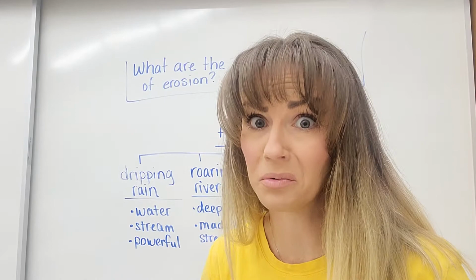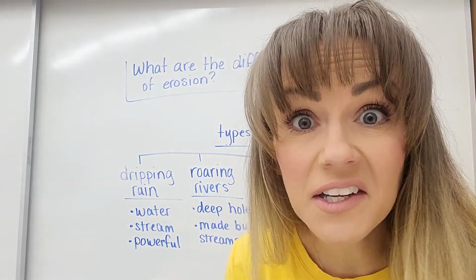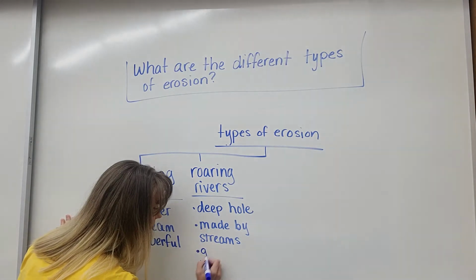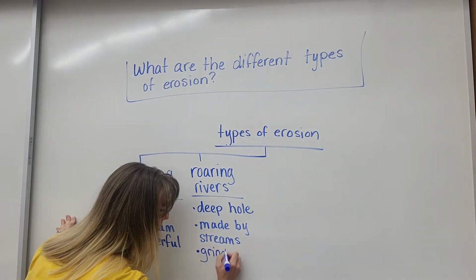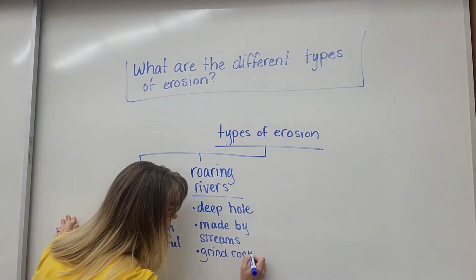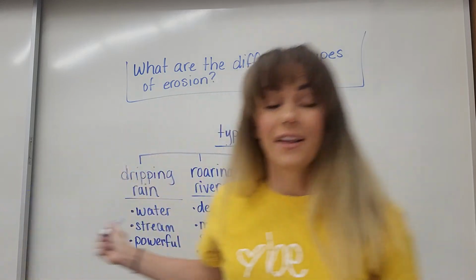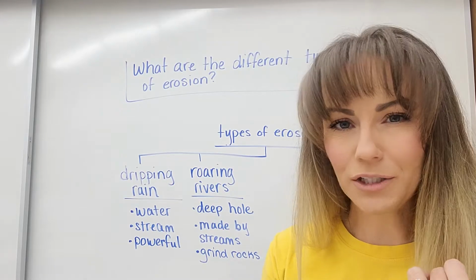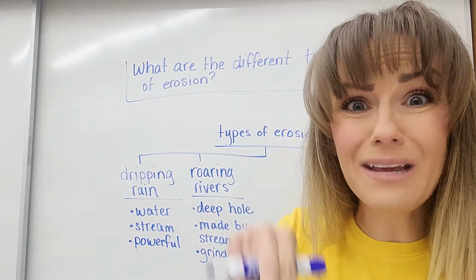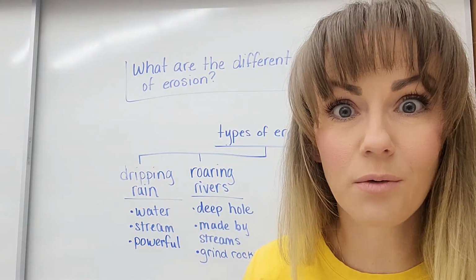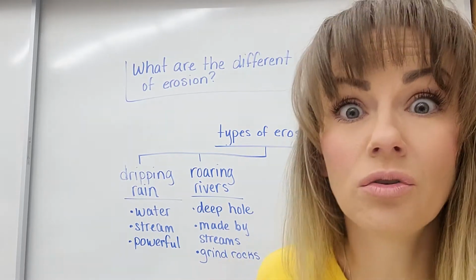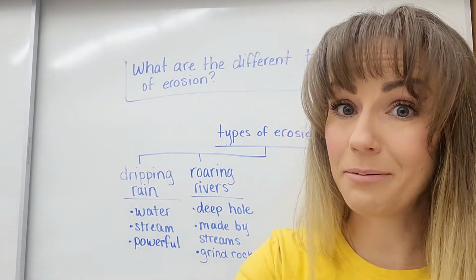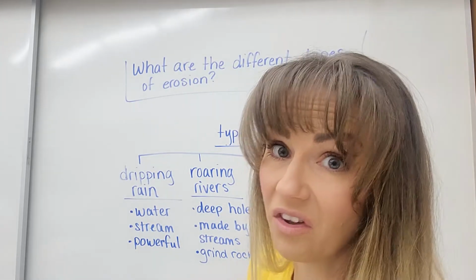That's powerful erosion, grinding rocks. Let's write that. Grind rocks. So this type of erosion is made by streams. It can cut deep holes in the bed of the river, and it can grind rocks. Wow, this type of erosion seems very powerful.